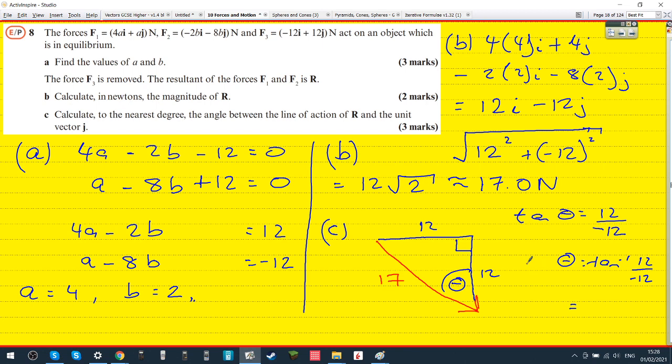Sorry, so I got 135 degrees. 135 degrees? Seems kind of big. Put in just arctan 1. They gave me multiple answers, but that's the only answer within 0 and 180 degrees.